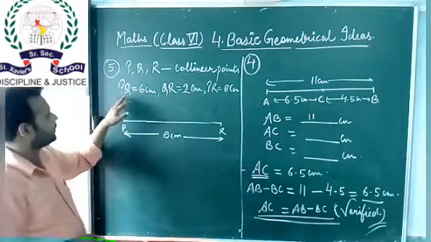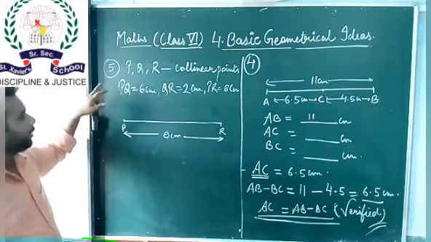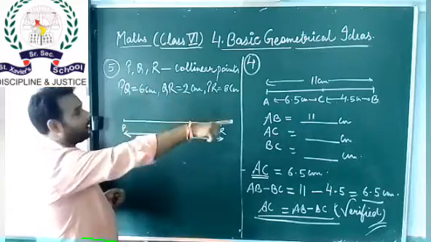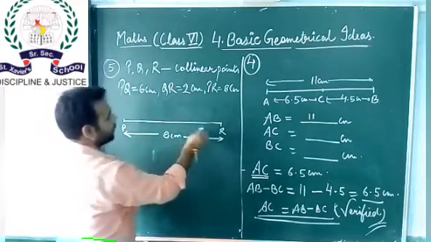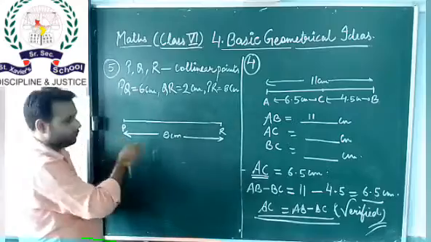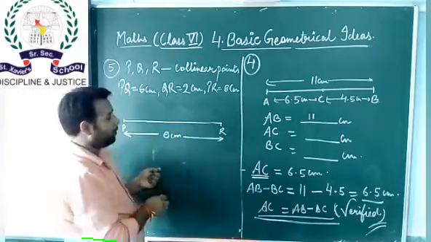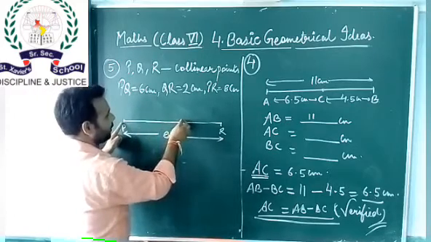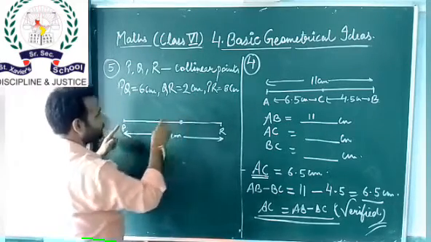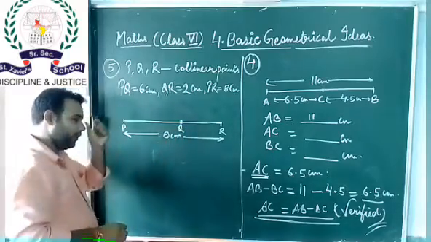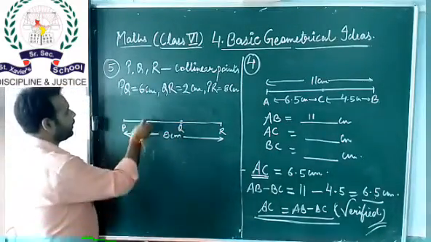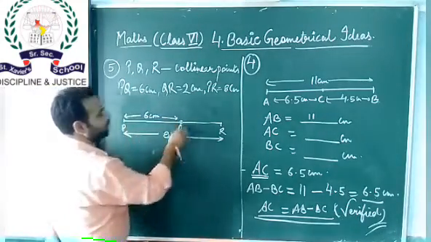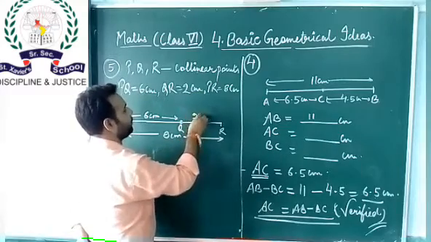It means the distance of point Q from point P is 6 centimeter, and the distance of Q from point R is only 2 centimeter. First measure 6 centimeter on this line and put a point, suppose 6 centimeter is available here. Then write the point Q and mention PQ is 6 centimeter, and QR is 2 centimeter.